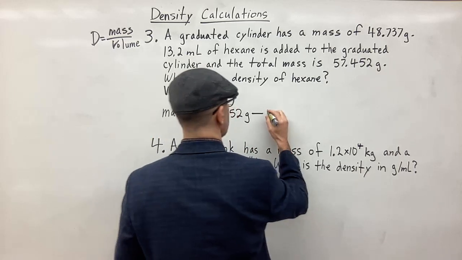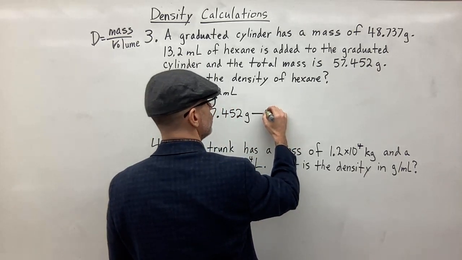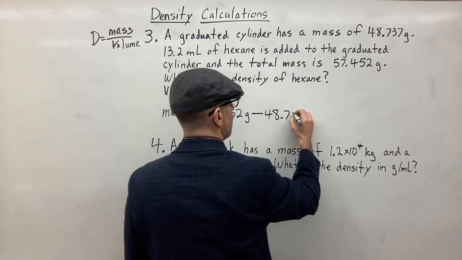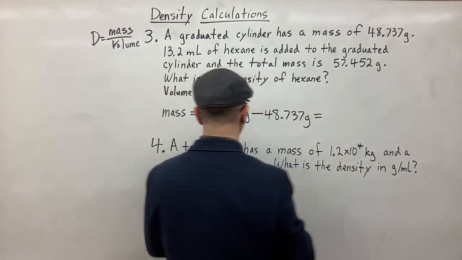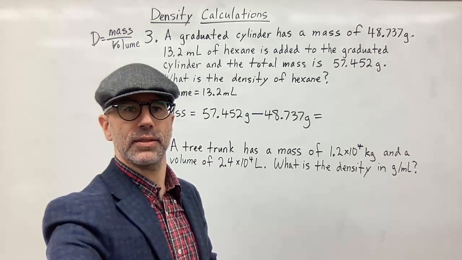Sorry, misspoke there. So we're going to subtract out the mass of the graduated cylinder, so that's 48.737 grams. And then when I subtract that out, we get what?